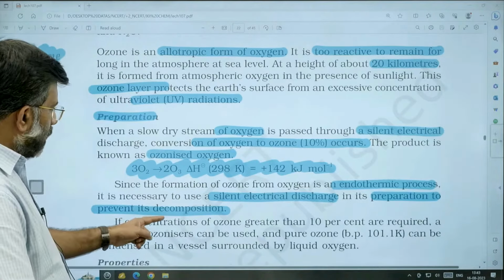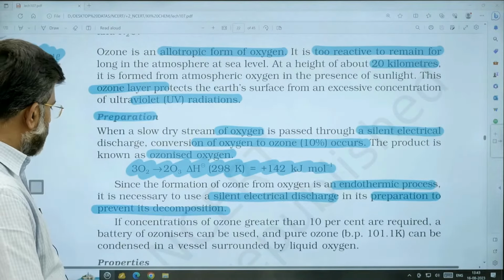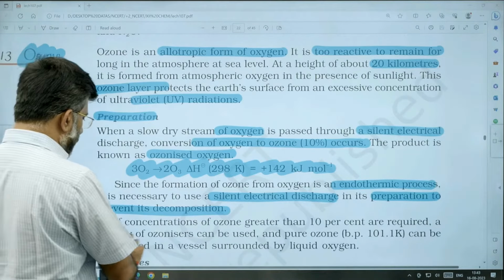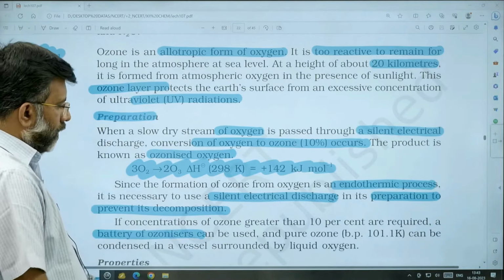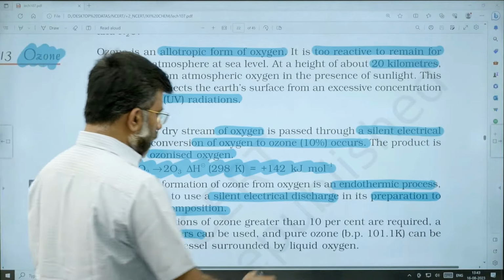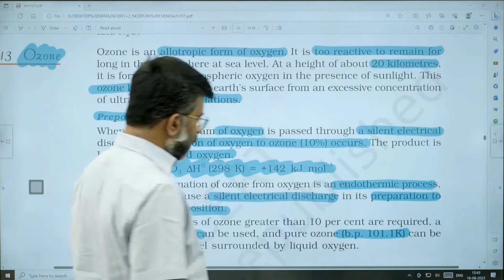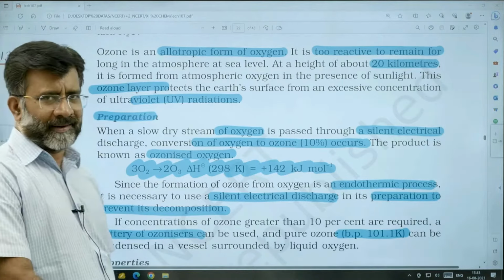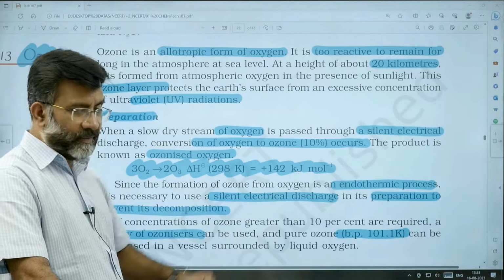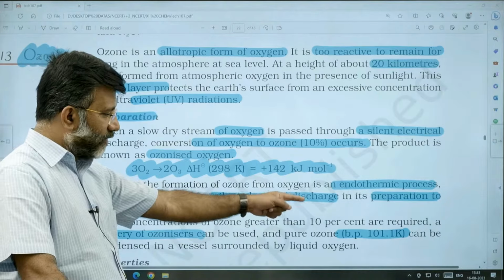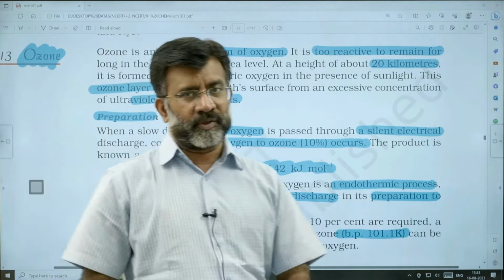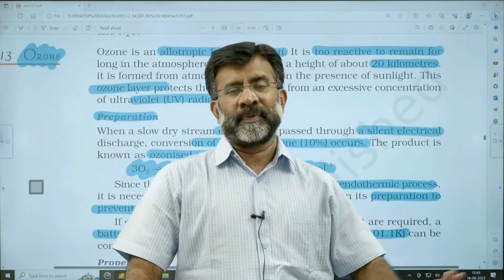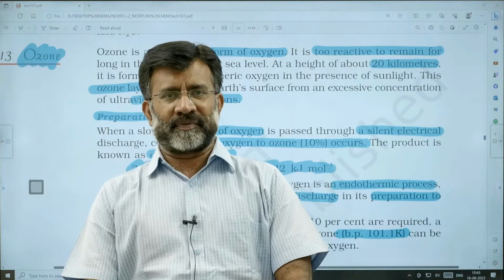If a concentration of ozone greater than 10% is required, you can make use of a battery ozonizer. And pure ozone has a boiling point of 101.1 Kelvin. It is in the Kelvin scale, much below normal conditions of temperature.